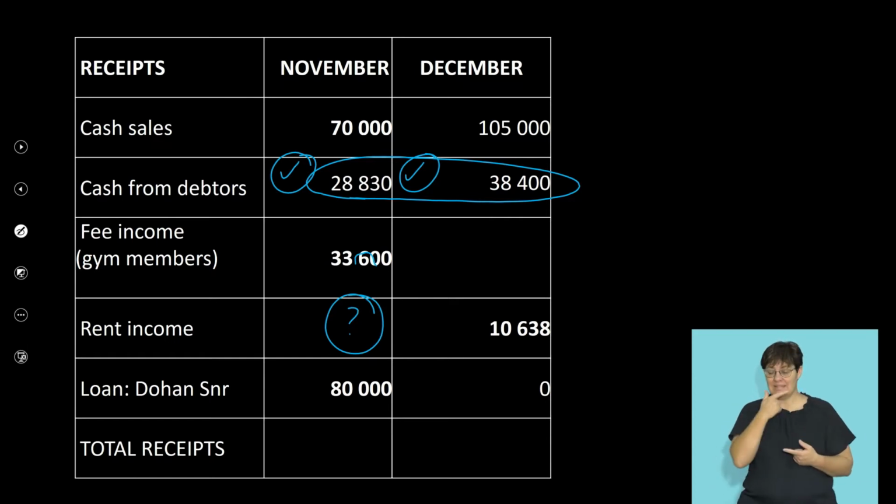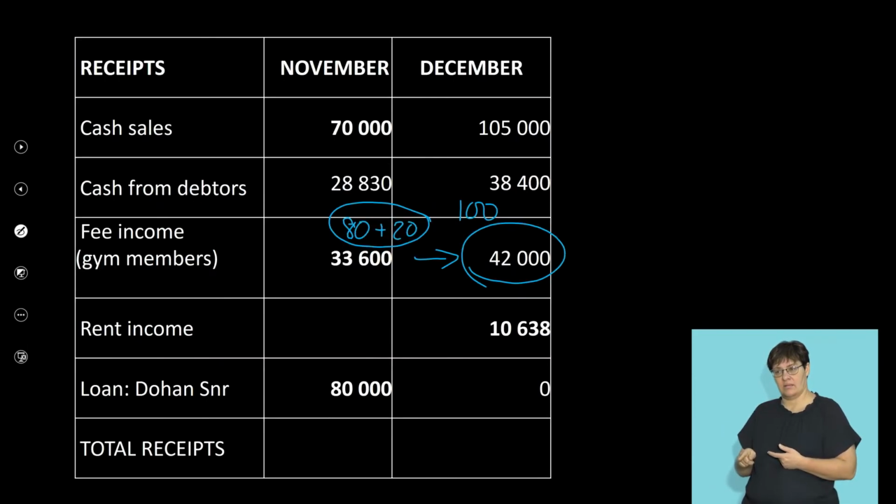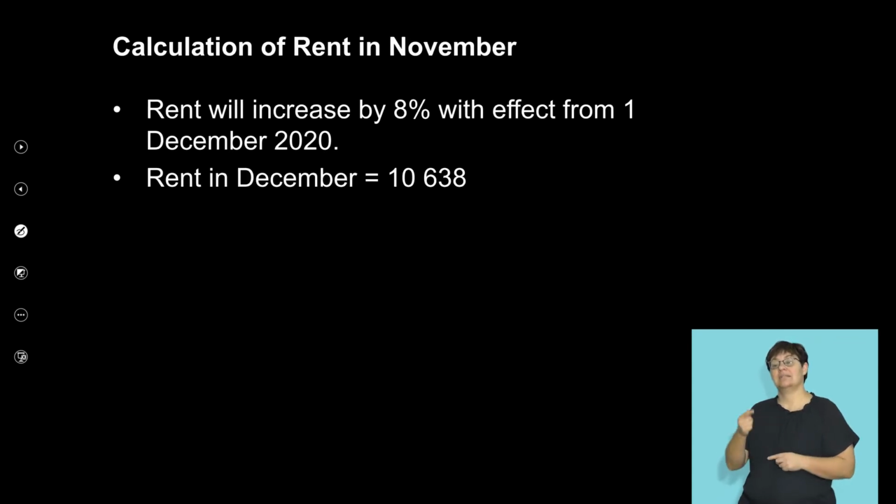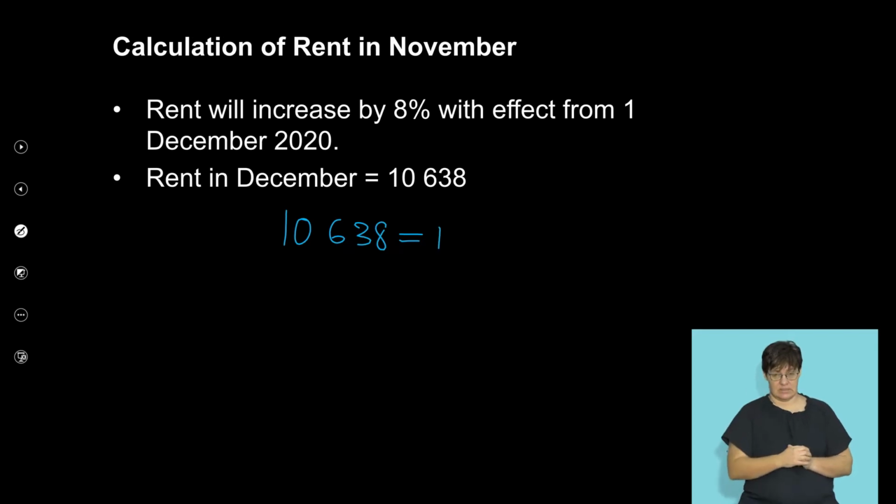So we now have the rental for December. Watch this. We have our rental for December to be 10,638, which is equal to my 100%, which was my old rental, plus the increase of 8% to give me 108. Do you see that?